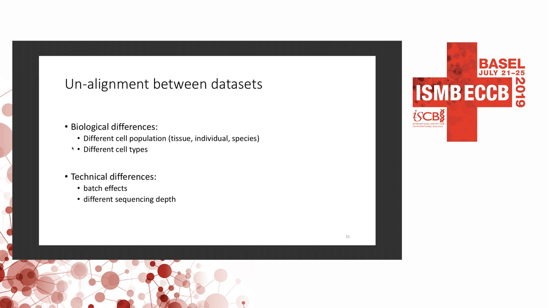And some of these biological differences are what we're interested in. For example, if different individuals have different cell types, then that's what we want to see from the single-cell sequencing data. But some of the biological differences are things that we are not interested in. For example, if you measure 10 different people, their cells may be different just because they have different ages or so on.